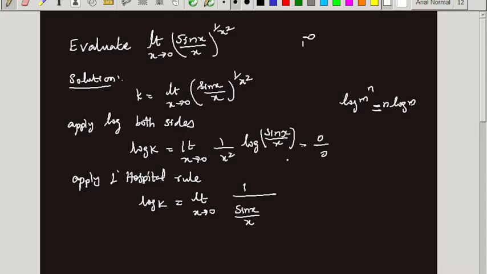Then differentiation of sin x dividing by x, we must apply the quotient rule. We get x square in the denominator. So we write x into differentiation of sin x is cos x minus sin x into differentiation of x is 1, dividing by x square, and the differentiation of the numerator log is 2x.